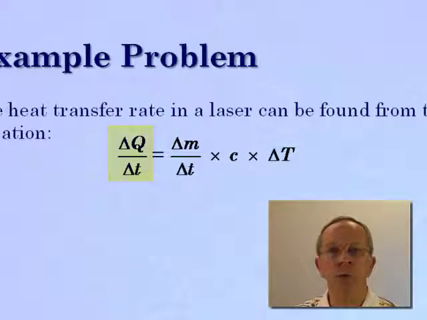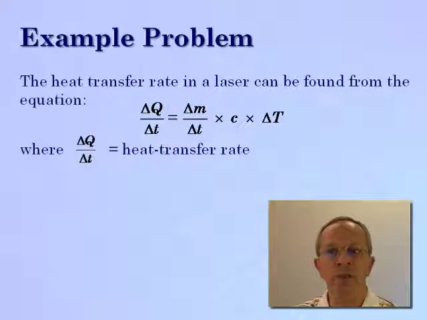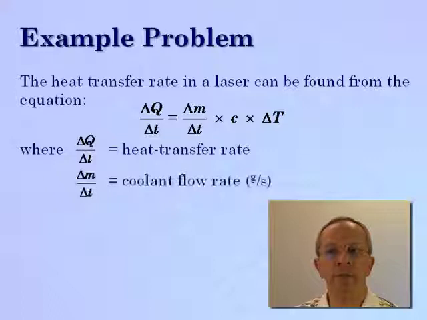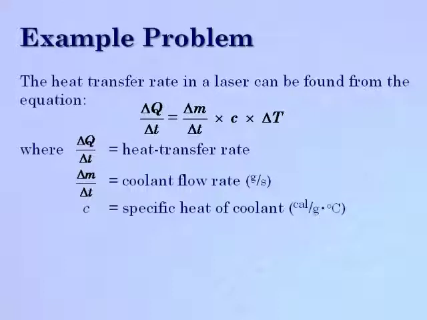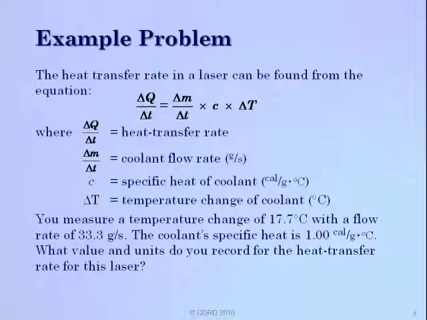Delta Q over delta T equals delta M over delta T times C times delta T, where delta Q over delta T is the heat transfer rate, delta M over delta T is the coolant flow rate, C is the specific heat of coolant, delta T is the temperature change of the coolant, and you're measuring a temperature change of 17.7 degrees C with a flow rate of 33.3 grams per second, and the coolant specific heat is 1 calorie per gram degree C. What value and units are you going to record for the heat transfer rate for this laser?